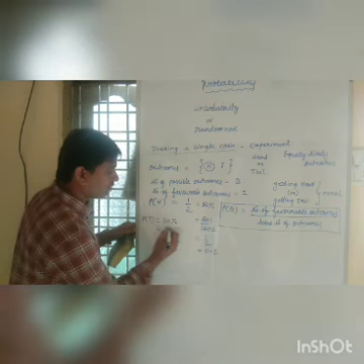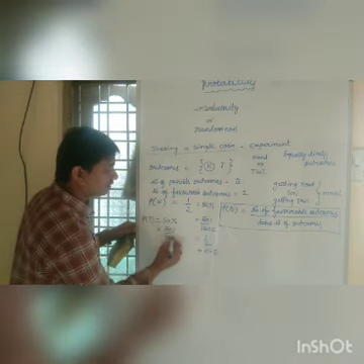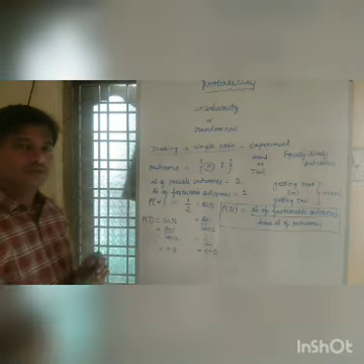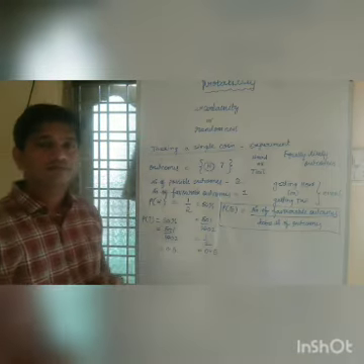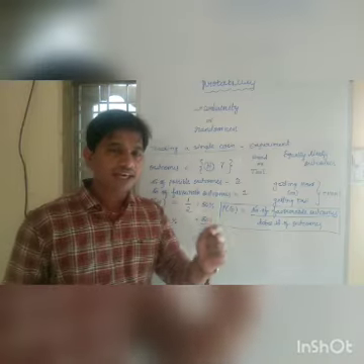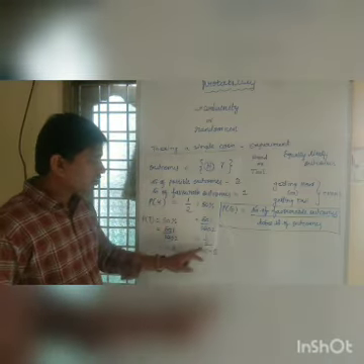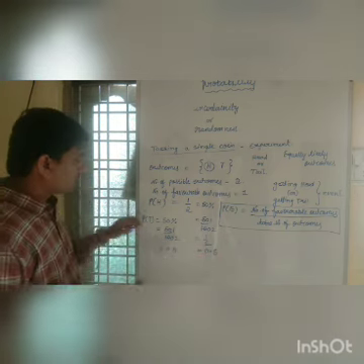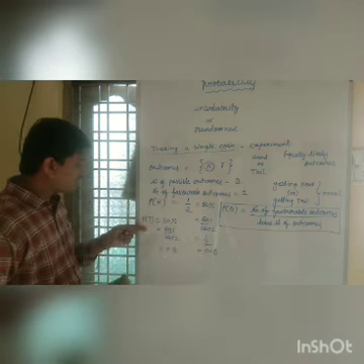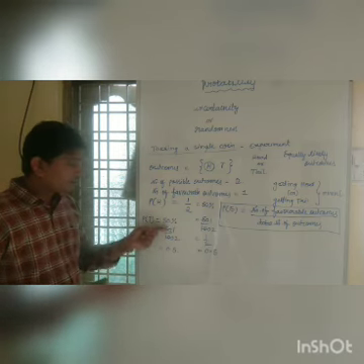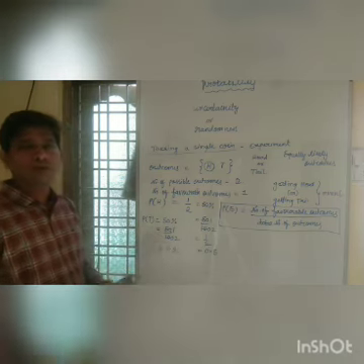So when we toss a single coin, the probability of getting head is 1 by 2, we can also write as 0.5. And the probability of getting tail is 50%, 50 by 100, 1 by 2, in the sense 0.5.